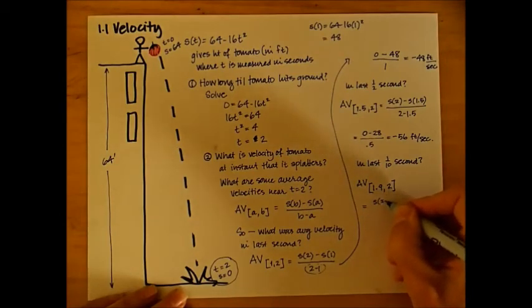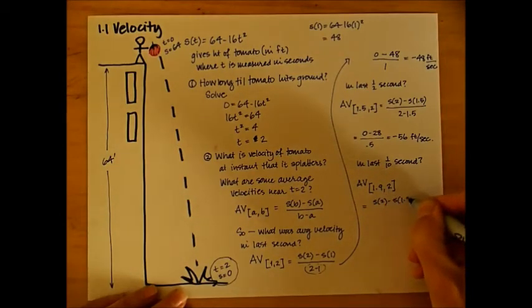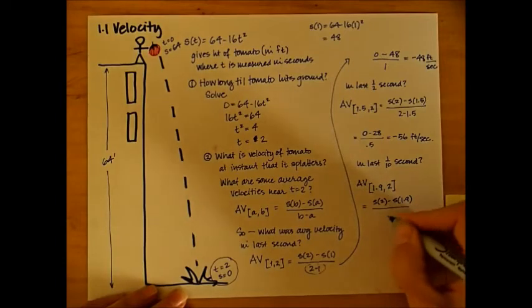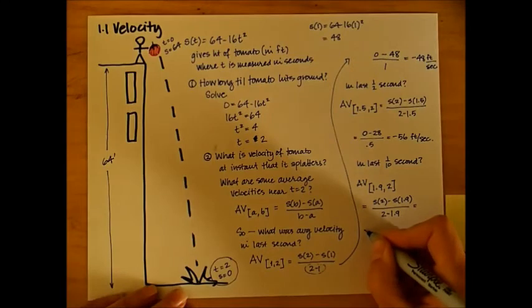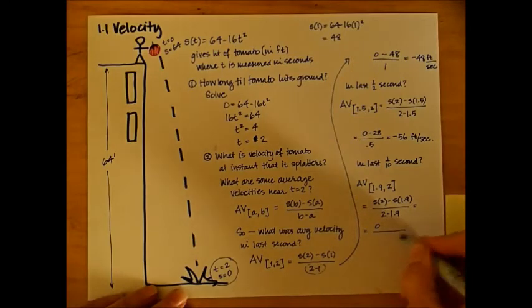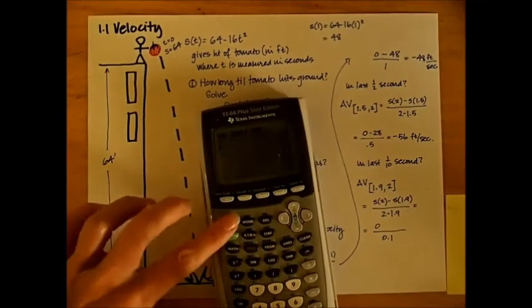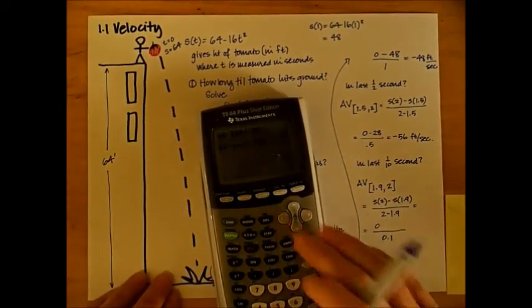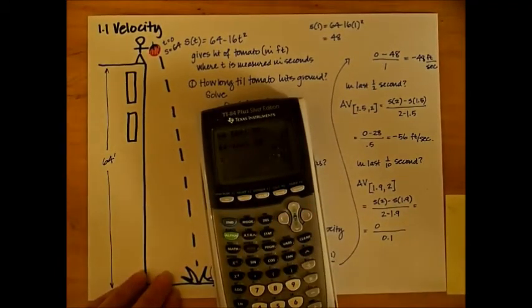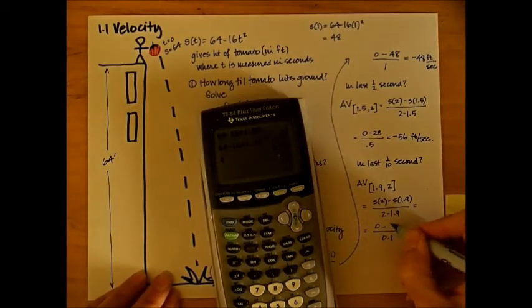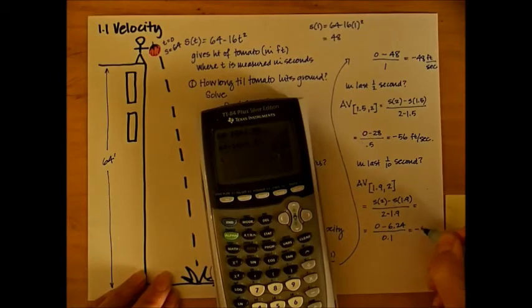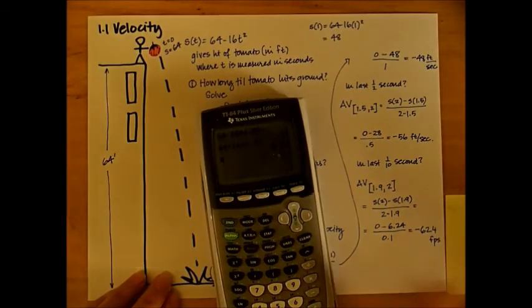S of 2 minus s of 1.9 divided by 2 minus 1.9. This is going to be 0.1 on the bottom. 0 minus 6.24 over 0.1 gives negative 62.4 feet per second.